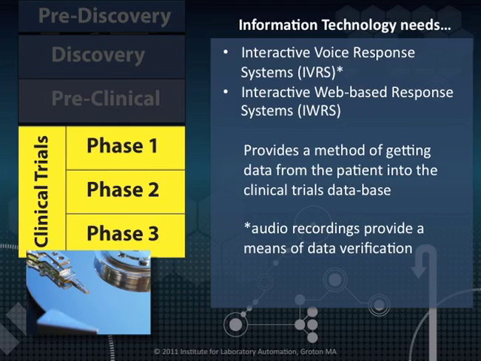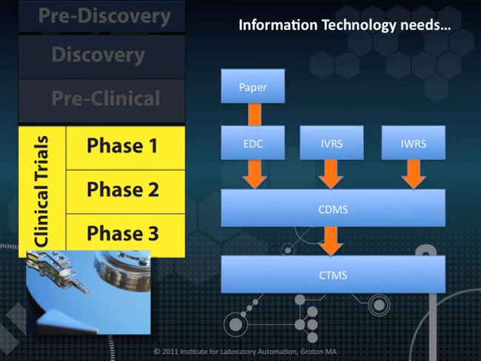Aside from the need for the patient to verify the data, all data movement is electronic and as a result, much more efficient. Information technology systems provide a mechanism for collecting data in a variety of formats, depending on the capabilities that are available to the patient volunteers, and moving it through data management systems and ultimately into the clinical trials management system.